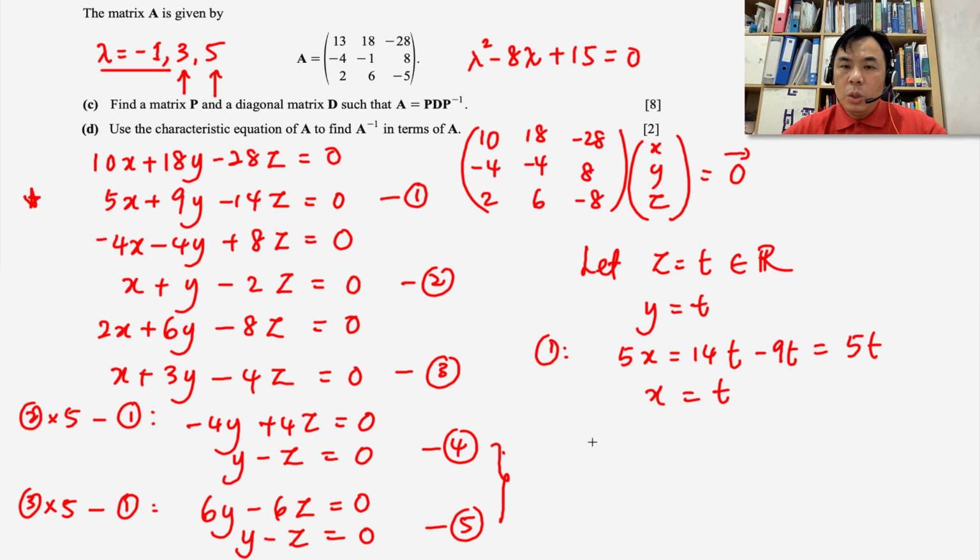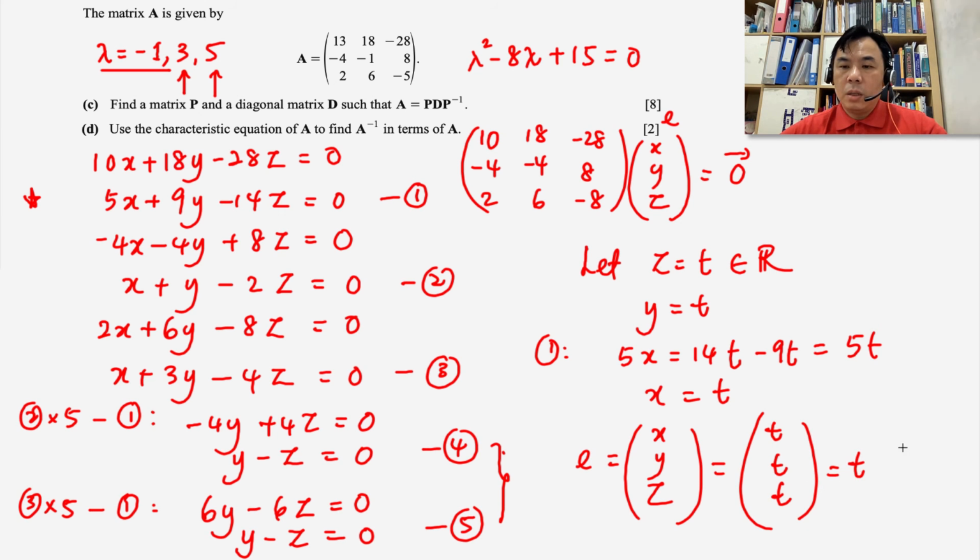And then the solutions or the eigenvector is given by x, y, z. Don't forget that, as I mentioned before, the eigenvector is actually x, y, z. What is x then? X is t. What is y is t. What is z is also t.